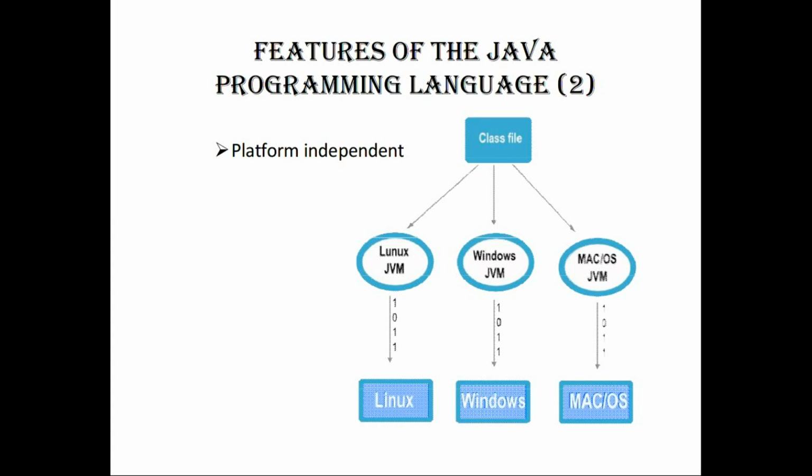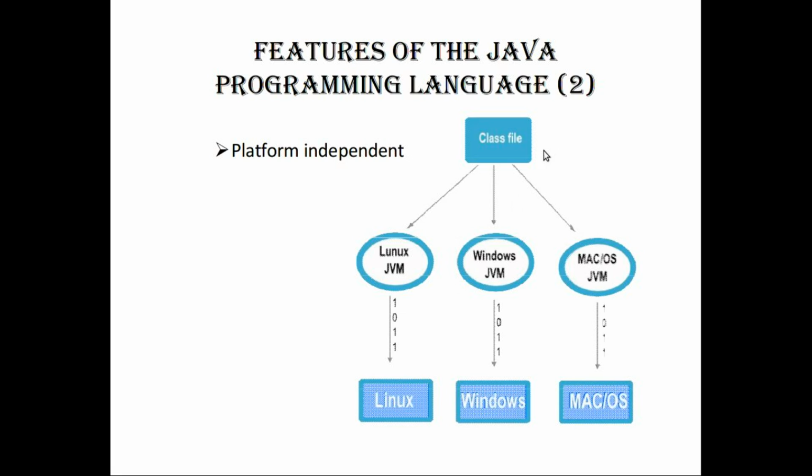Java has a slightly different principle. In Java, we have the concept of the Java Virtual Machine, which is just a software that has been developed and installed, and your Java program will actually execute on the Java Virtual Machine.